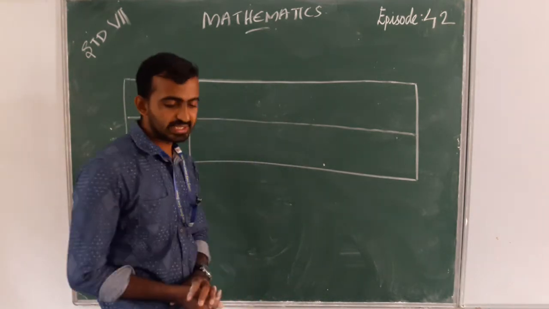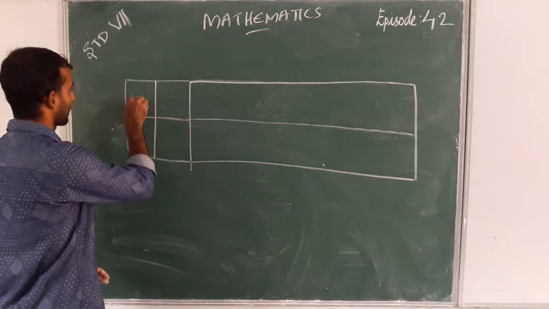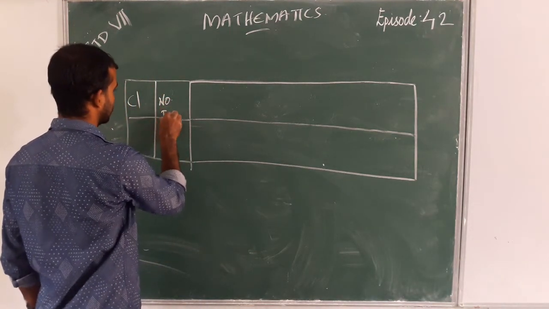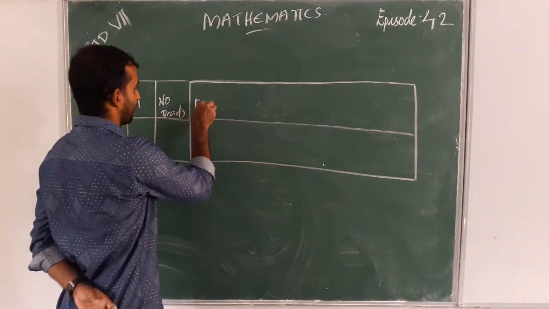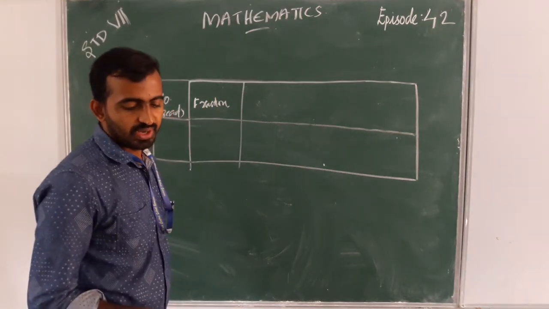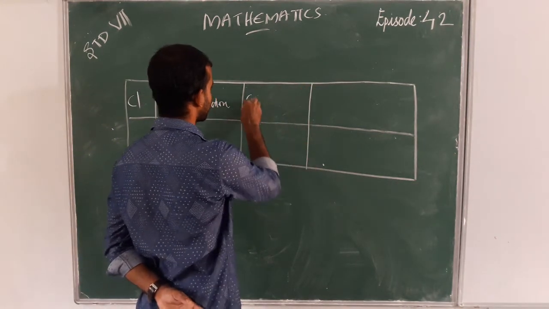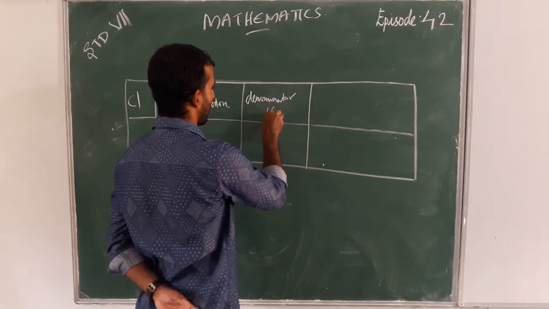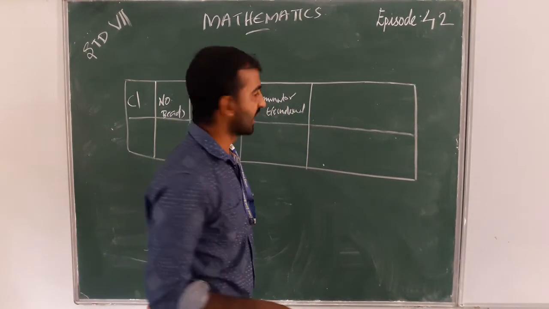Is it? Yes. That is, first we write in a table: color, and next is number of beads, and third fraction, and next denominator 100, in percentage.